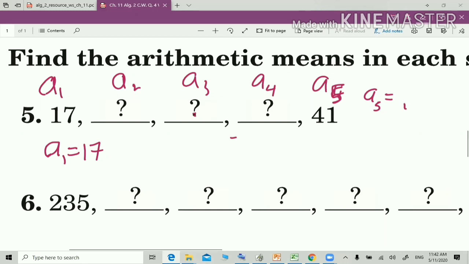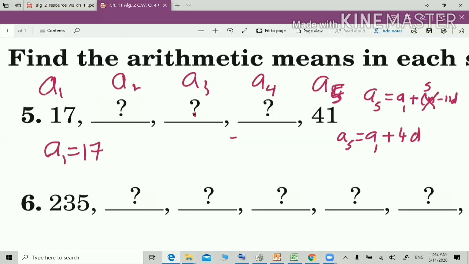How will I write that? A5 equals, from the nth term, A1 plus n minus 1 D. n here is 5, so I can cancel that n and write 5. So A5 will be A1 plus 4D. Is that right? I told you to memorize that. If you want to find any term, that number is less than the number of the term by 1.